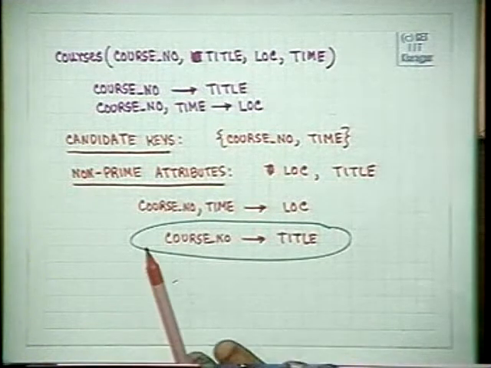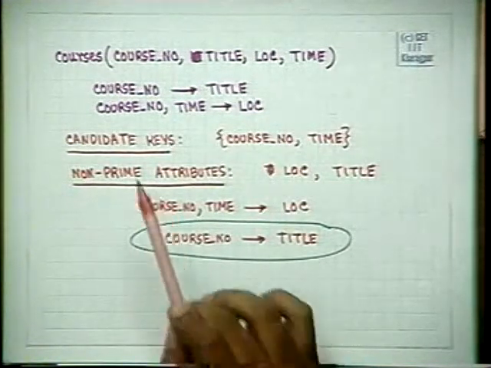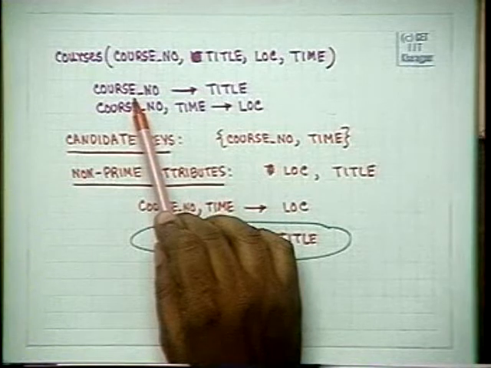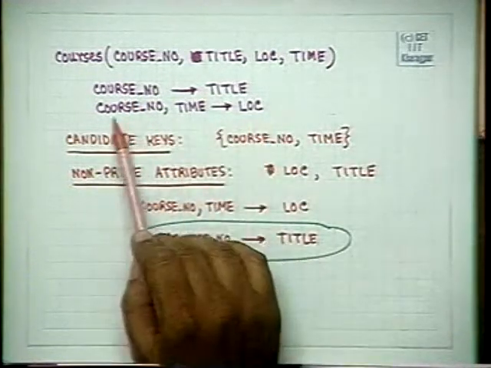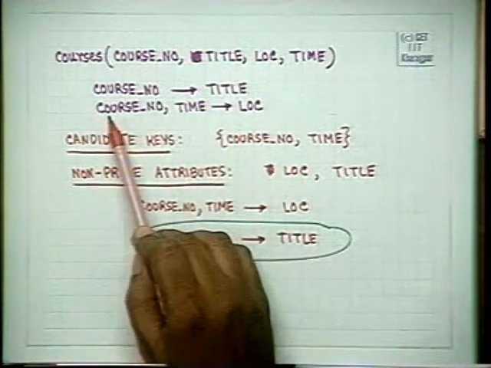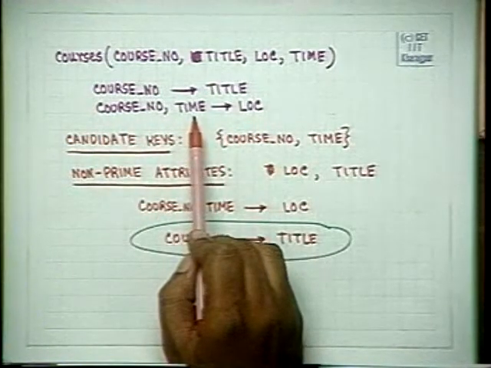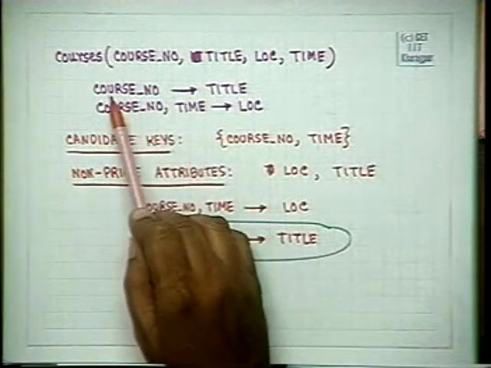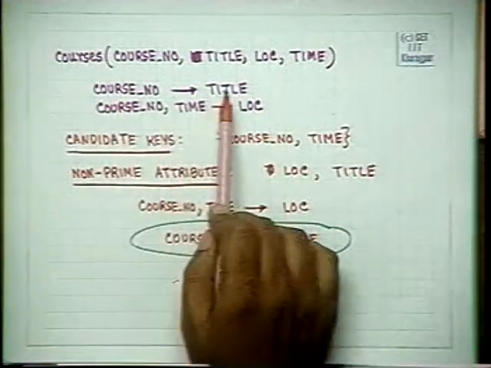Any redundancy in terms of a functional dependency will be caught by BCNF. This one is fine. This satisfies the BCNF property because course number and time is a superkey or a candidate key. But course number to title, this does not satisfy BCNF.